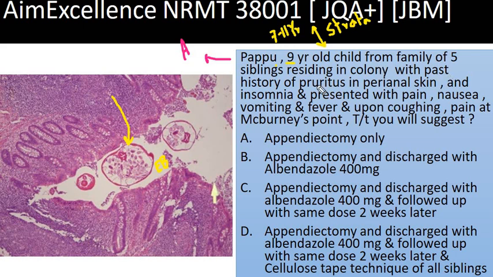The presentation that has been given out here, the pruritus ani and insomnia and the restlessness that is going to be seen in a child, is actually suggesting towards a parasitic infestation.